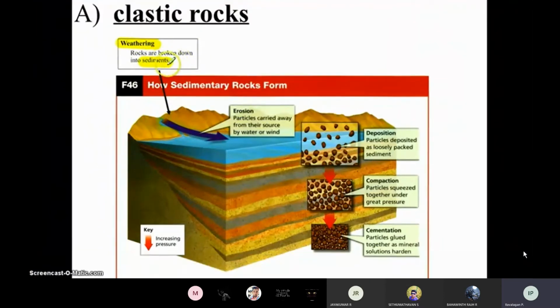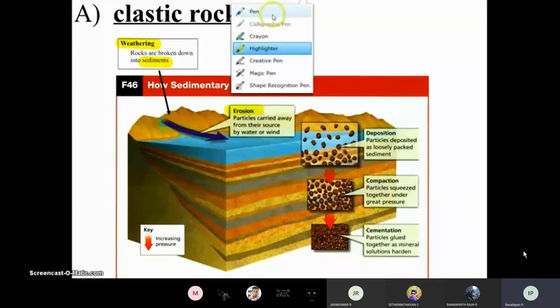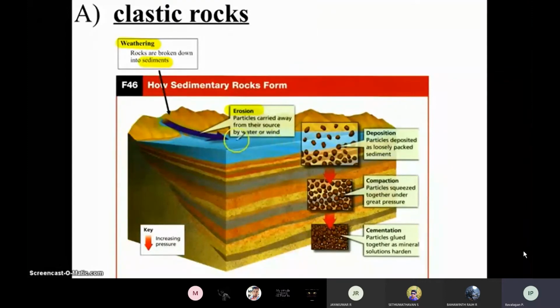Once the rocks are broken into sediments, they get carried in a process called erosion. They might be carried by water, by wind, by ice, glaciers, or sometimes just gravity, like a rock slide or a mudslide. Gravity just pulls the particles down. Usually they'll end up in water, and when they reach the bottom of the water, they will become deposited at the bottom.